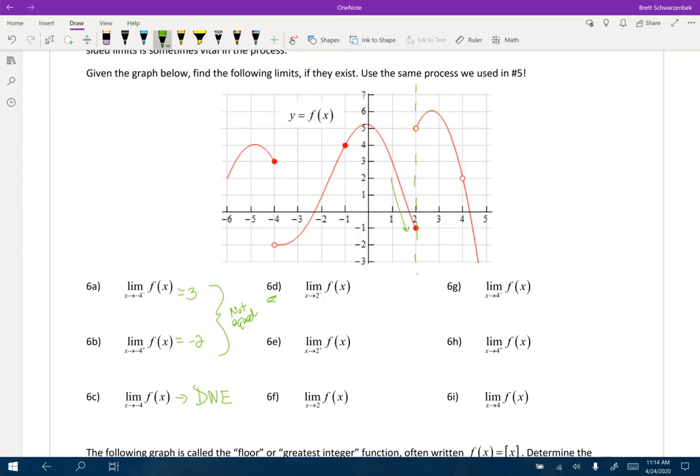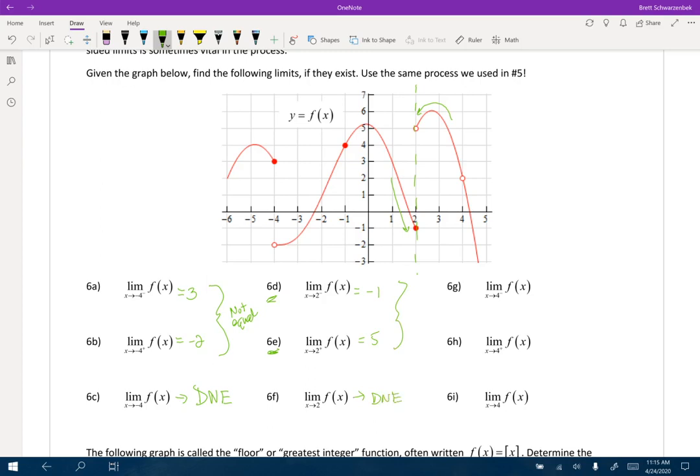Hopefully by now you're rocketing through this. You're going to get a height of -1. Now what about the right side, which is this one? On the right side, the curve is up here. It's approaching a height of 5, and because these don't agree, we say that this does not exist.